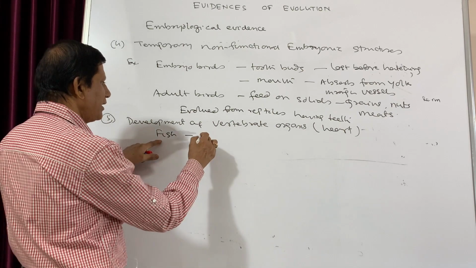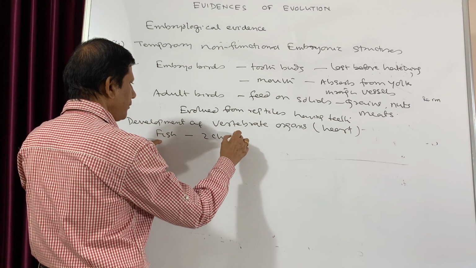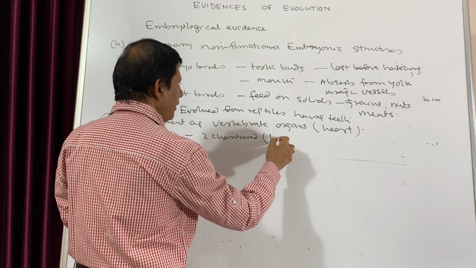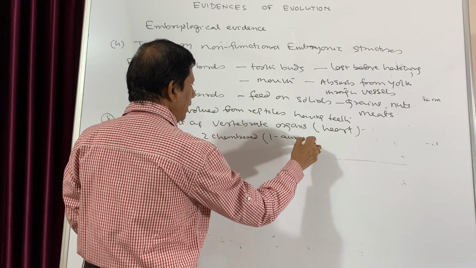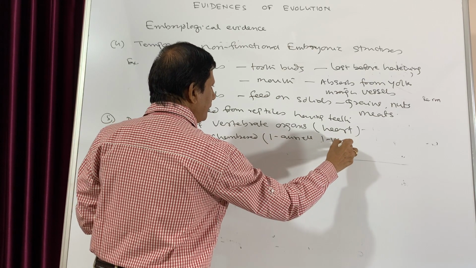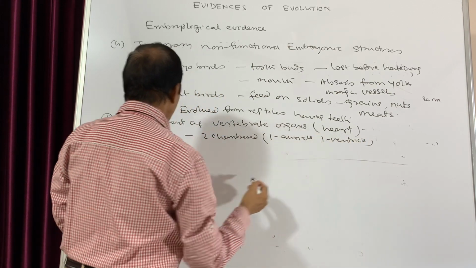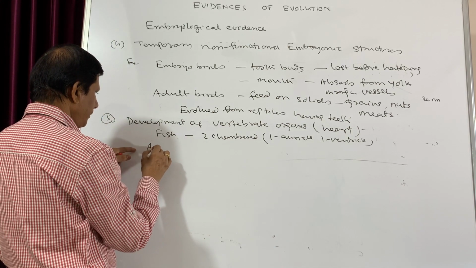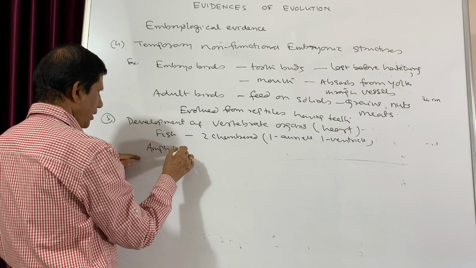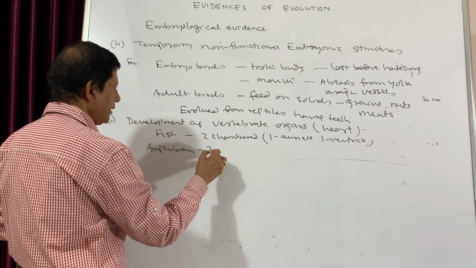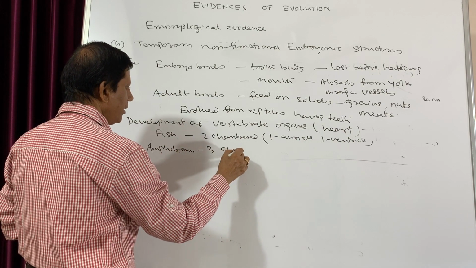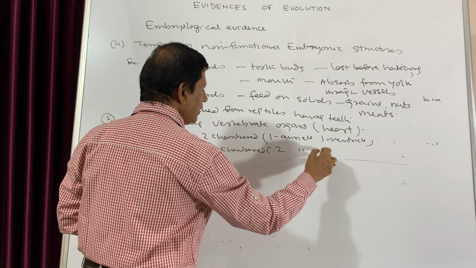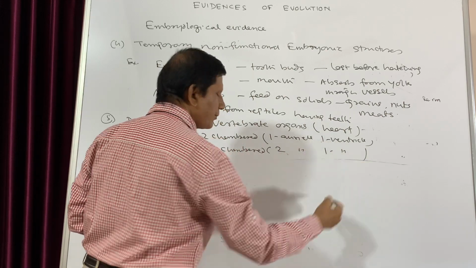In fish, the heart is two-chambered, with one auricle and one ventricle. But in amphibians it is three-chambered, that means two auricles and one ventricle.